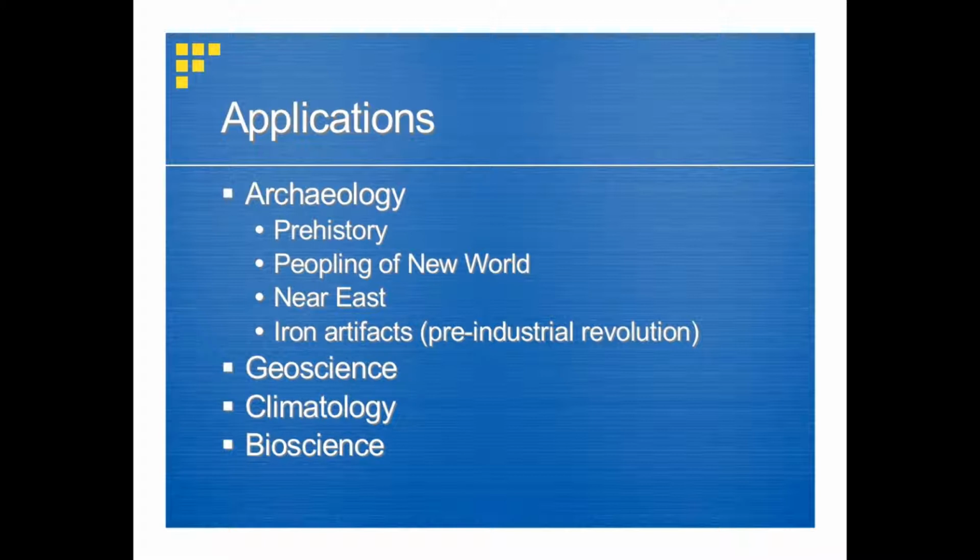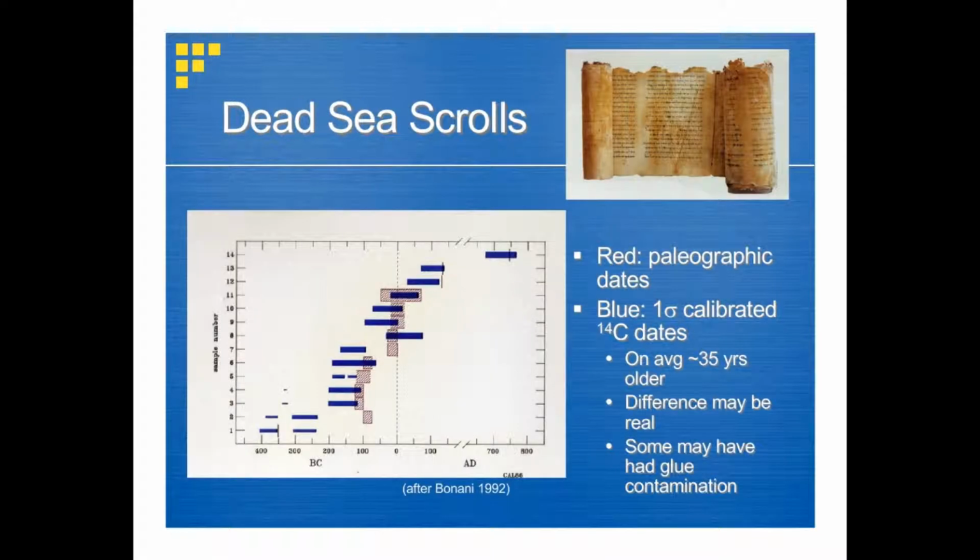There are a number of applications for radiocarbon. Archaeology is the main one, or the first one, but now some of these other applications have become important. The Dead Sea Scrolls were dated in 92, and the radiocarbon dates are the blue lines.